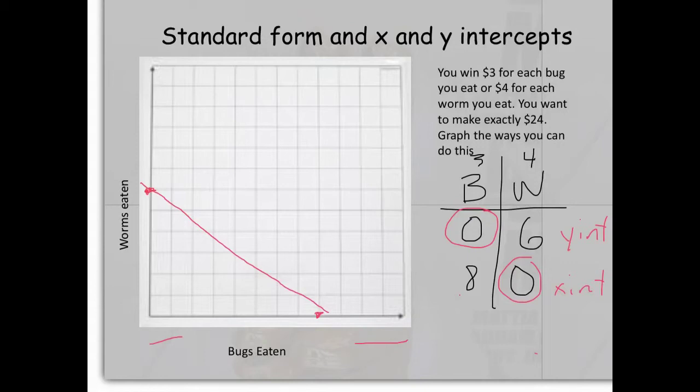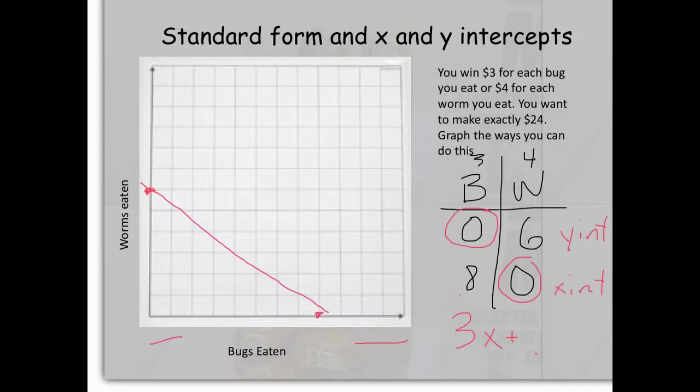But if we have it in standard form, x is the x-axis, the bugs eaten, is what we're thinking about. And each time you make $3 for each bug you eat. So 3 times x is how we start in standard form.